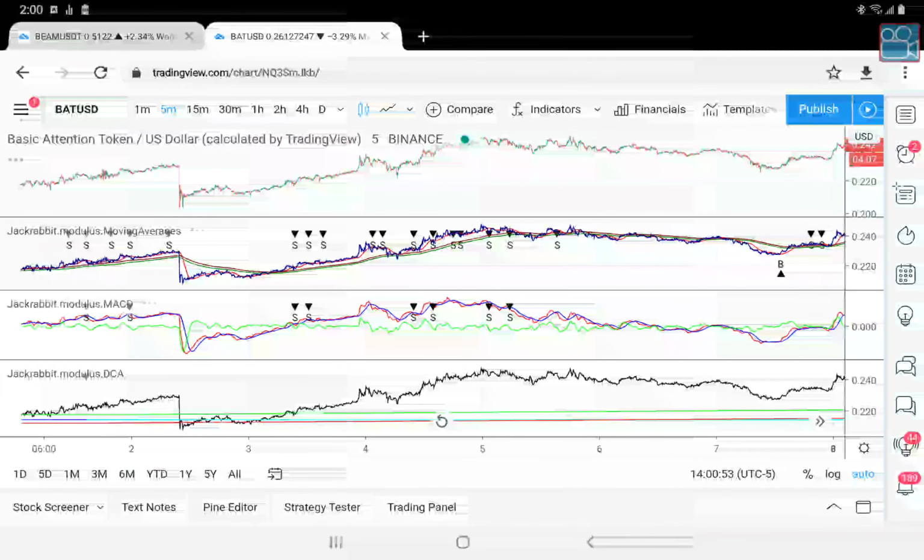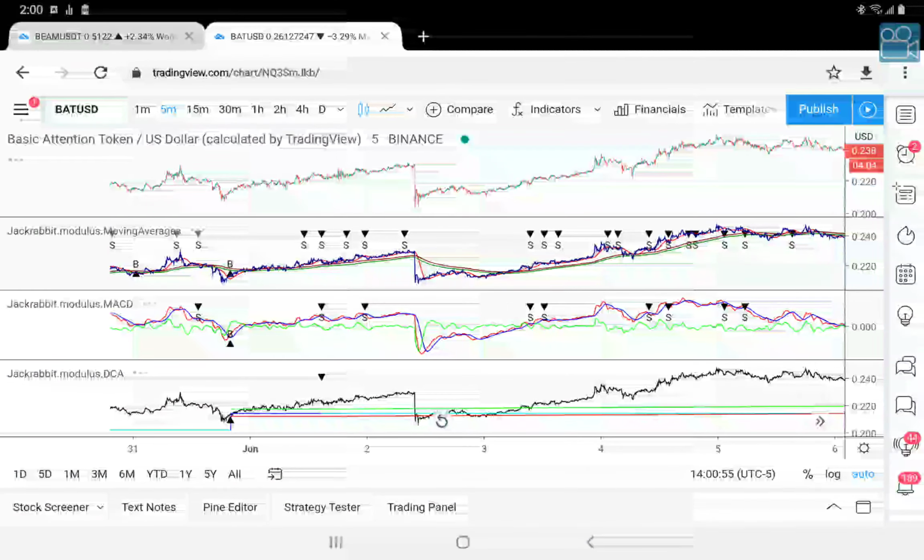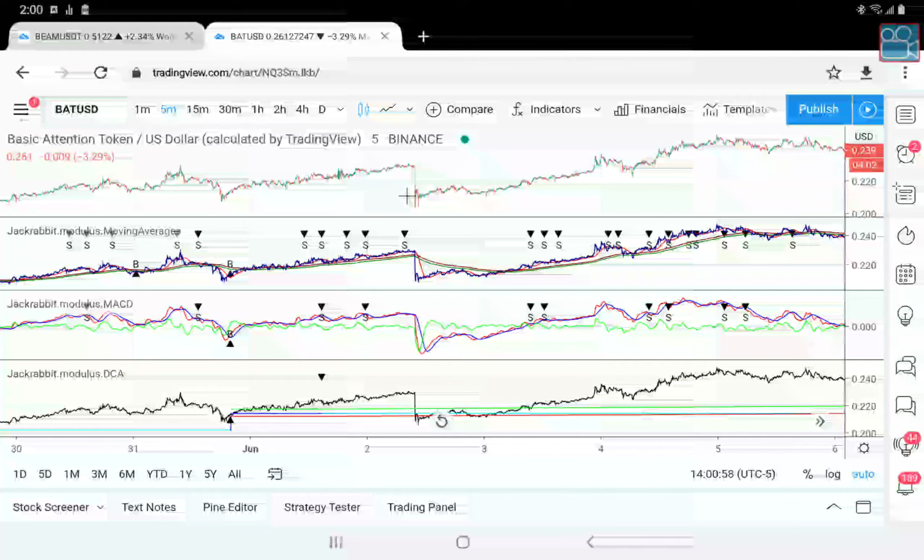It does well. Even with this big dip right here that messed up a lot of people. Notice it gets in back here, gets out right here, skips this entire mess, and it just waits. Very good, very simple, very direct.